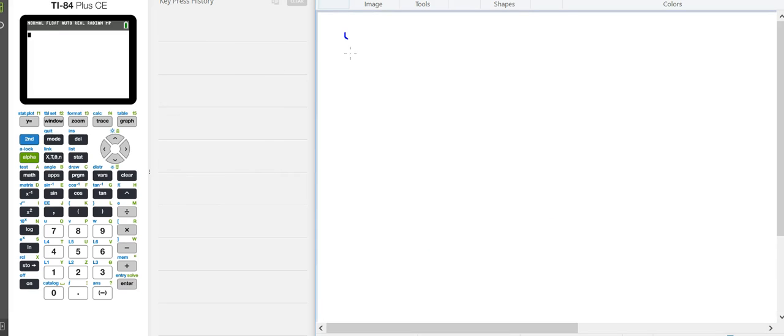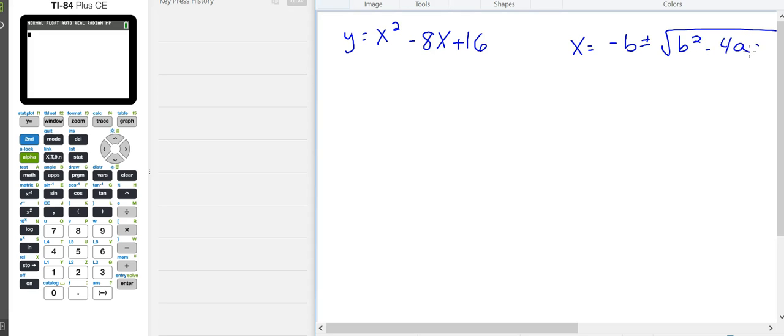Y is equal to x squared minus 8x plus 16. And we're going to solve this using the quadratic formula, which is x is equal to negative b plus or minus the square root of b squared minus 4ac over 2a.